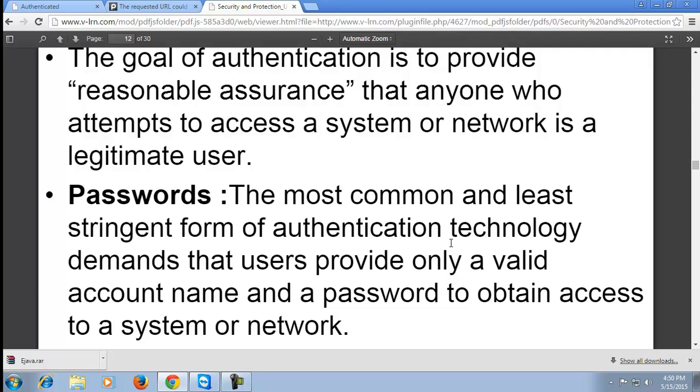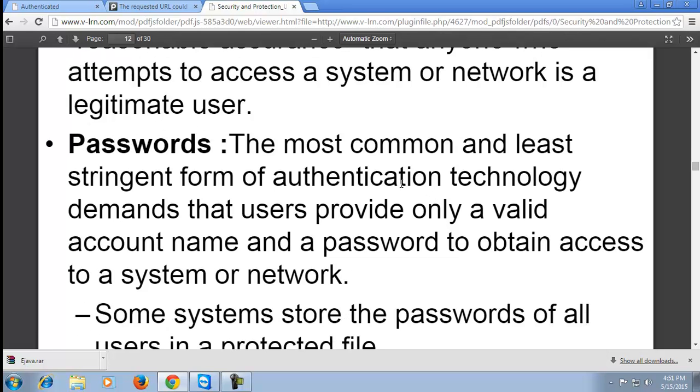This is another important way for providing security on a particular account, on particular data, from accessing the data in an unauthorized way and from loss of information, loss of data, and prevention from the hacking of that particular data.